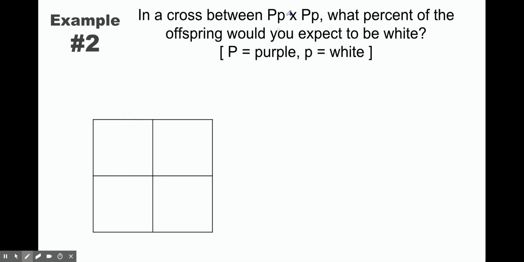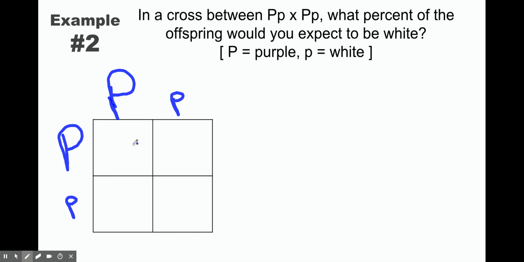All right, so anyways, we're going to do this cross. Big P, little p is one of the parents. So I'm going to write big P, little p up here, and big P, little p will go on the side as well. So let's go ahead and fill in this square.